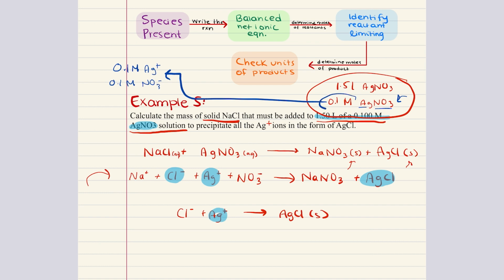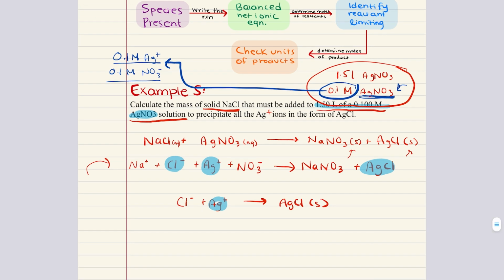And so your concentration of this full compound is equivalent to you saying that that is the concentration of the separated ions. This is important because this allows us to calculate the moles of silver ions that are present in 1.5 liters of a 0.1 molar silver nitrate solution.